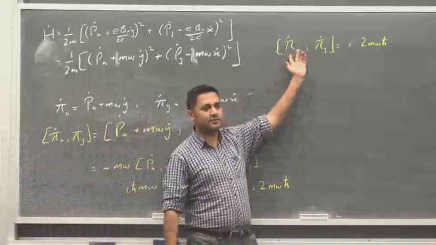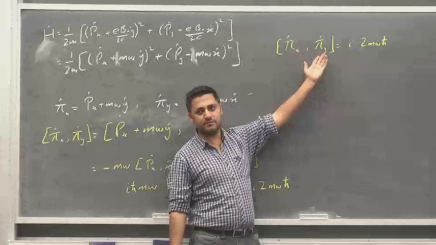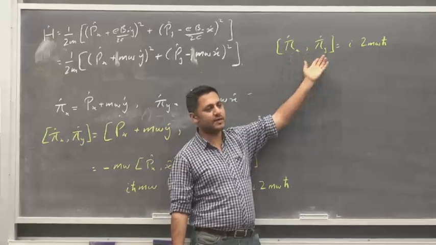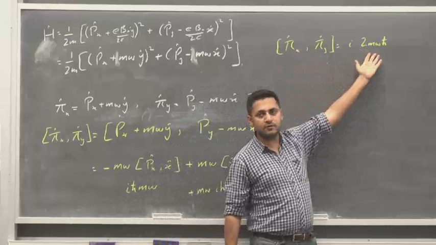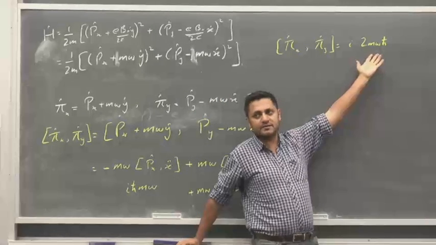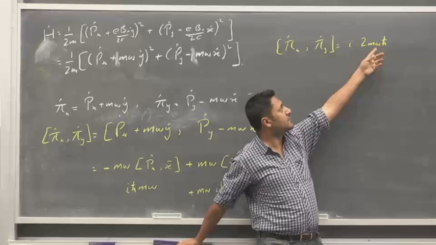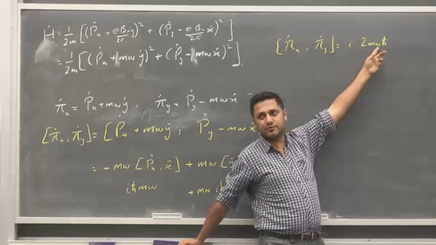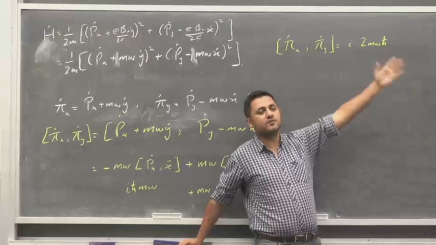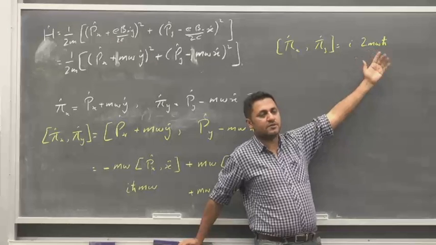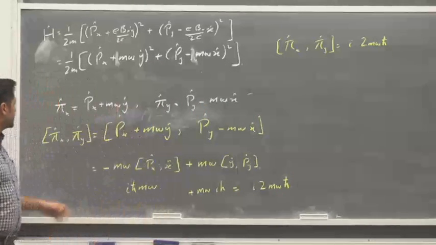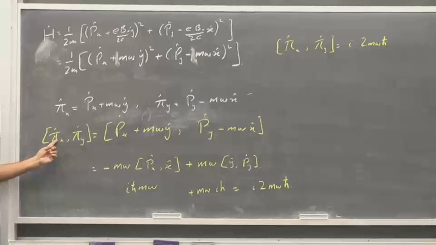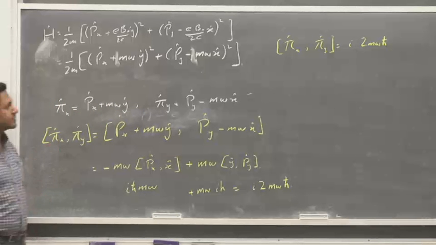Px is like position and Py is like momentum, because position and momentum have a commutator equal to i times a constant. That constant is not h bar, it depends on the field. If you put the field equal to 0, this will become 0, because in that case you're back to the ordinary situation where mechanical momenta are the canonical momenta and they have to commute.